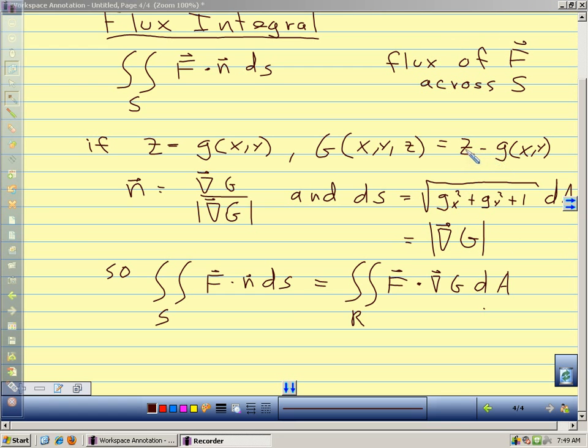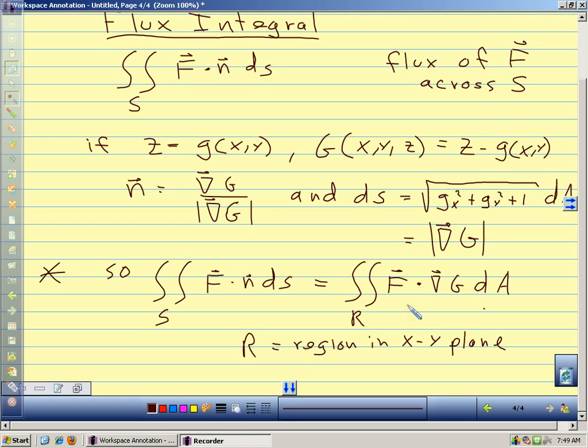Our z component is going to be positive, so this is the upward flux through S, and R is the region in the xy plane. So this is how we evaluate our surface integral if we're given our surface in terms of z equals g of x, y. F dot del G dA, where R is our region in the xy plane.